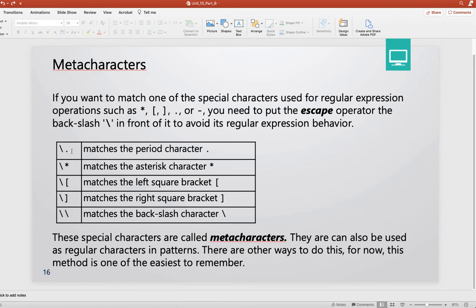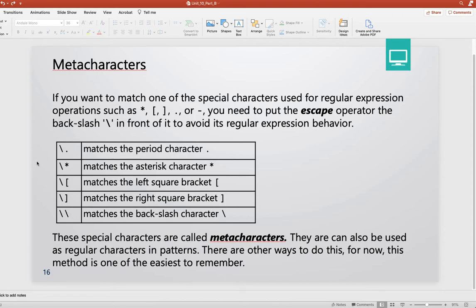So like if you want to match the period character, you need to put a backslash before the period character, okay? Because the period character and the asterisk operator have special meaning.